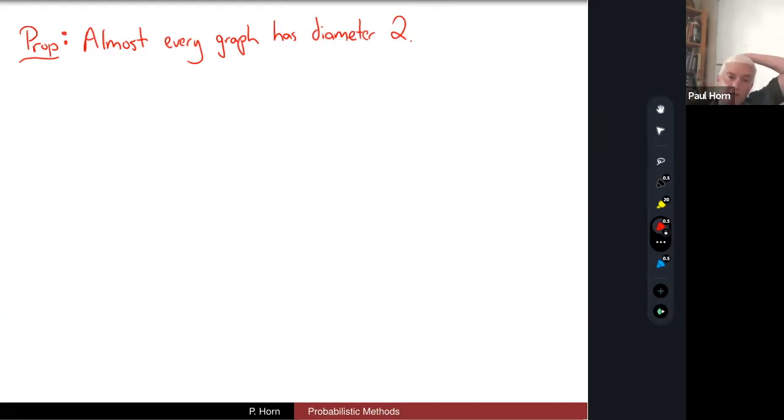Let's think about this. What does it mean that a graph has diameter 2?